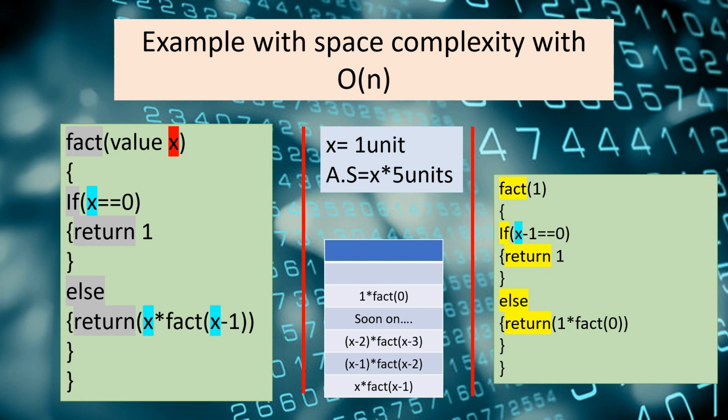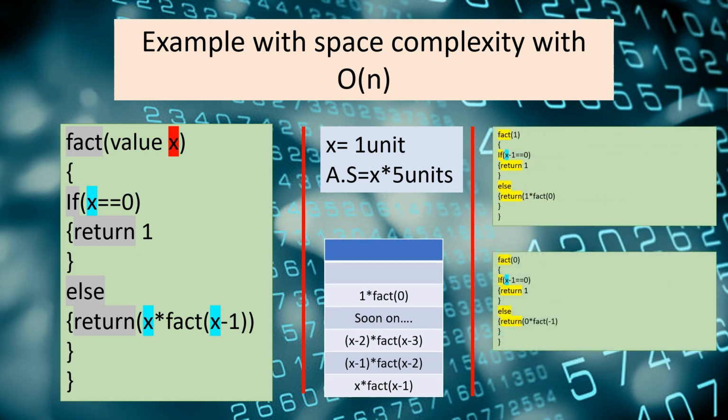And now we can also see that auxiliary space equals x into 5 units. Now when we call factorial of 0, the recursive process will be stopped and 1 will be returned to the stack. Therefore, auxiliary space equals x into 5 units plus 5 units.